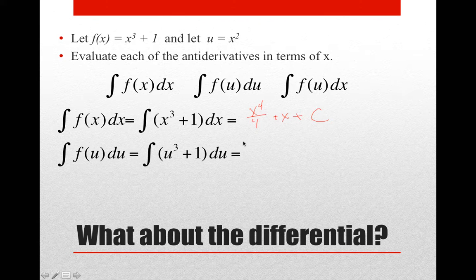We would take the antiderivative of that, which is u to the fourth over 4 plus u plus c. And then we know that u is equal to x squared, so we plug in x squared for u, and we get a final answer of x to the 8th over 4 plus x squared plus c.